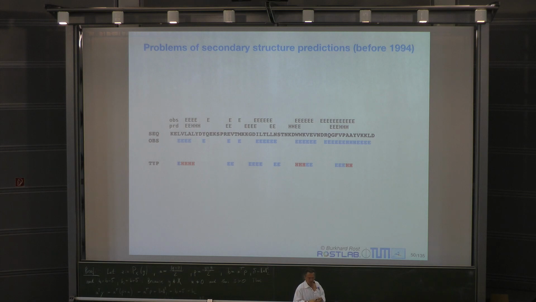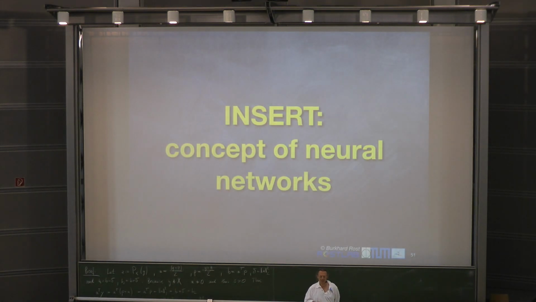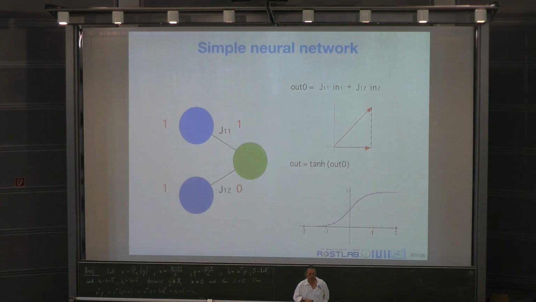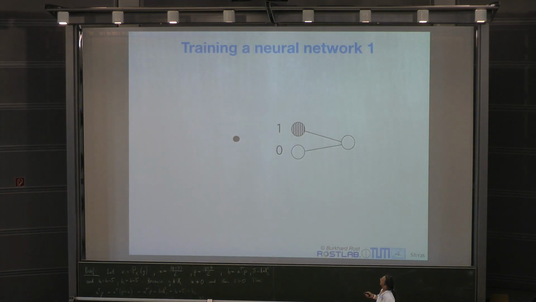And at this point, I'd like to insert again what I talked about last time briefly, the concept of neural networks, machine learning. Again, we have an input here, we have connections, we multiply these 2 vectors, have the dot product, define some sigmoid function or hyperbolic tangent, and after this hyperbolic tangent, you have the output from this unit here, and the type of problem that you can solve.